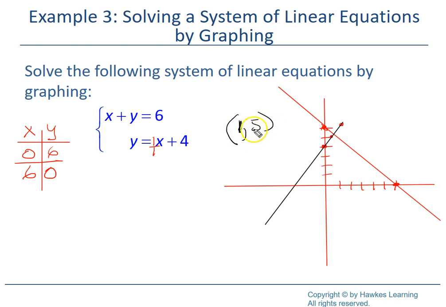Now, if I put these values into my equation, 1 plus 5 is 6. Yeah, so this one checks. And if I put my 1 there, 1 plus 4 is 5, equals 5, and this checks.